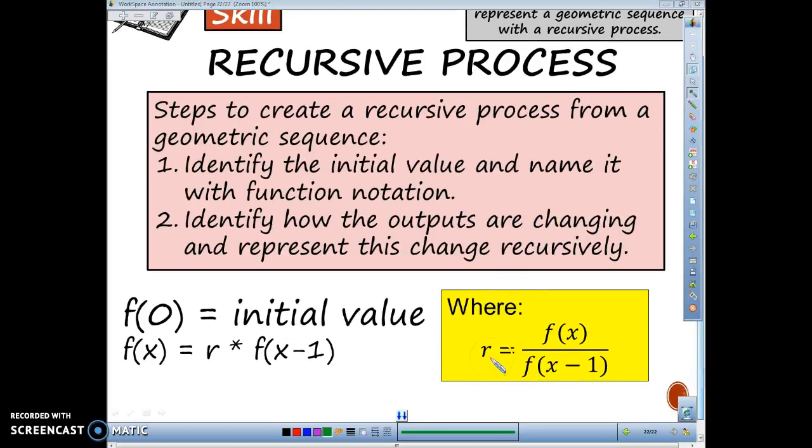Please add this into your notes next to the recursive process skill box, and right here, please put R equals the common ratio. Okay, so let's take a look at some examples.